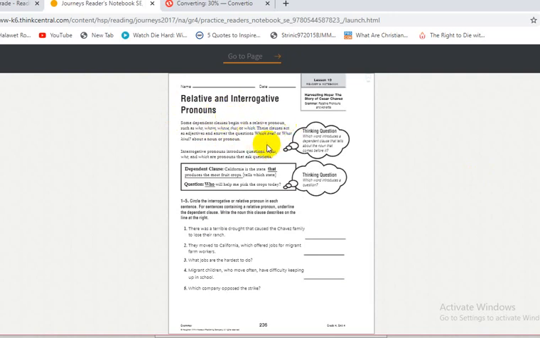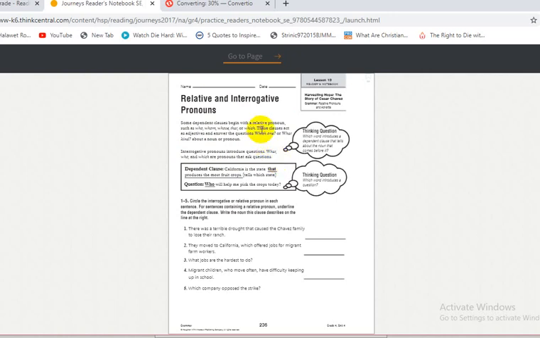These clauses act as adjectives and answer the questions, which one or what kind, about a noun or a pronoun. Interrogative pronouns introduce questions. What, who, and which are pronouns that ask questions. So we have relative pronouns and we have interrogative pronouns.